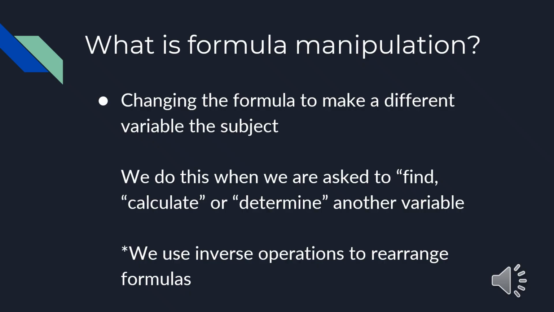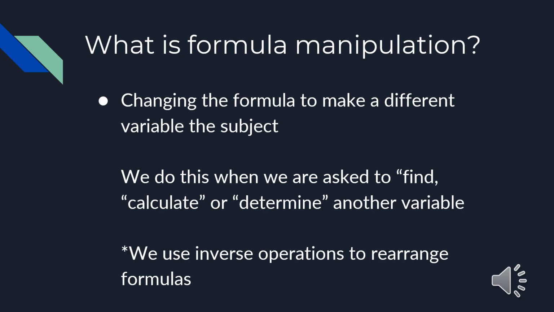The formula is the same, but now the subject is different. What we're calculating is different. We're no longer calculating area, we are now calculating the breadth using the same formula.